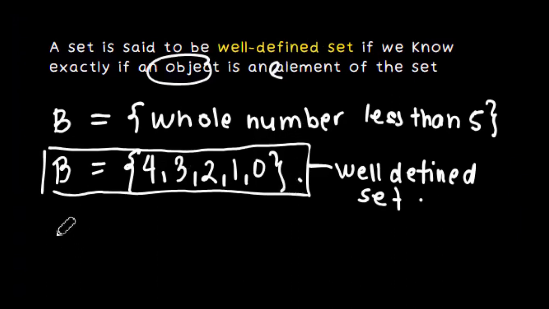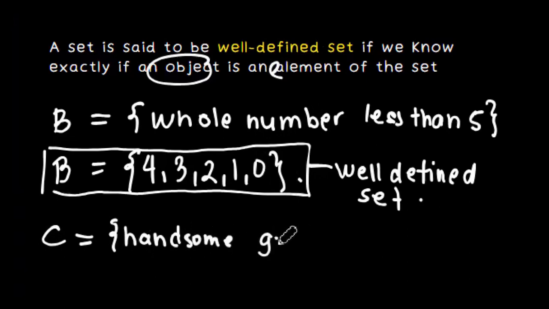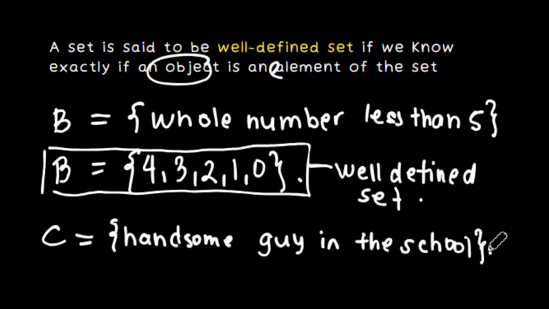Okay? What about this one? What about set C? Set C contains the elements handsome guys in the school. What do you think? Is that a well-defined set or not well-defined? A guy may be handsome to someone, but for others, he is not.